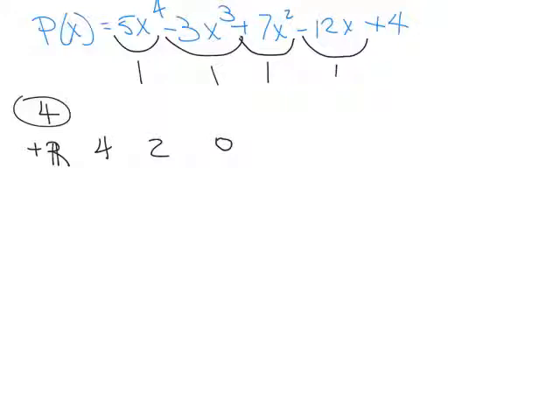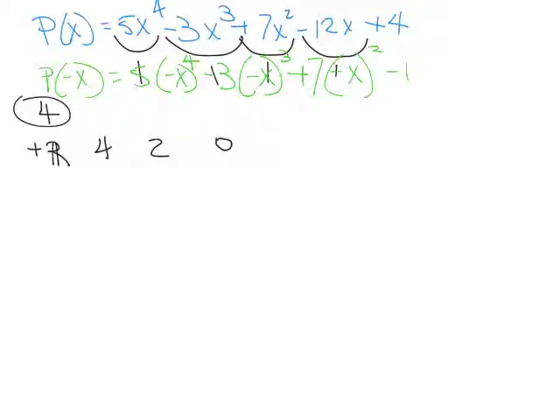Okay, let's look at the number of negative real number solutions. I'll do this in green here. Let's look at p of negative x. So that's going to give me 5 times negative x to the 4th minus 3 times negative x cubed plus 7 times negative x squared minus 12 times negative x plus 4.